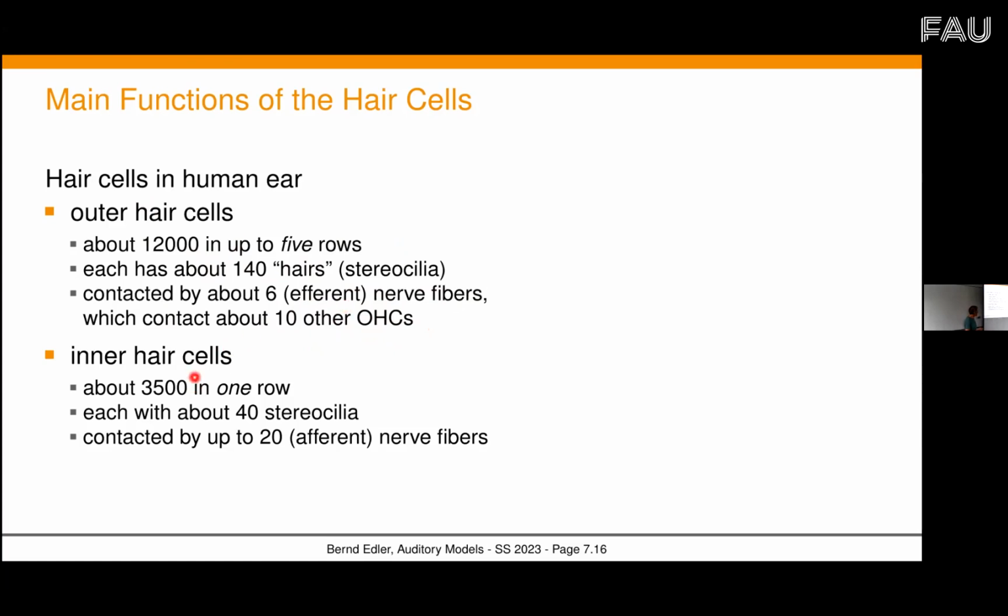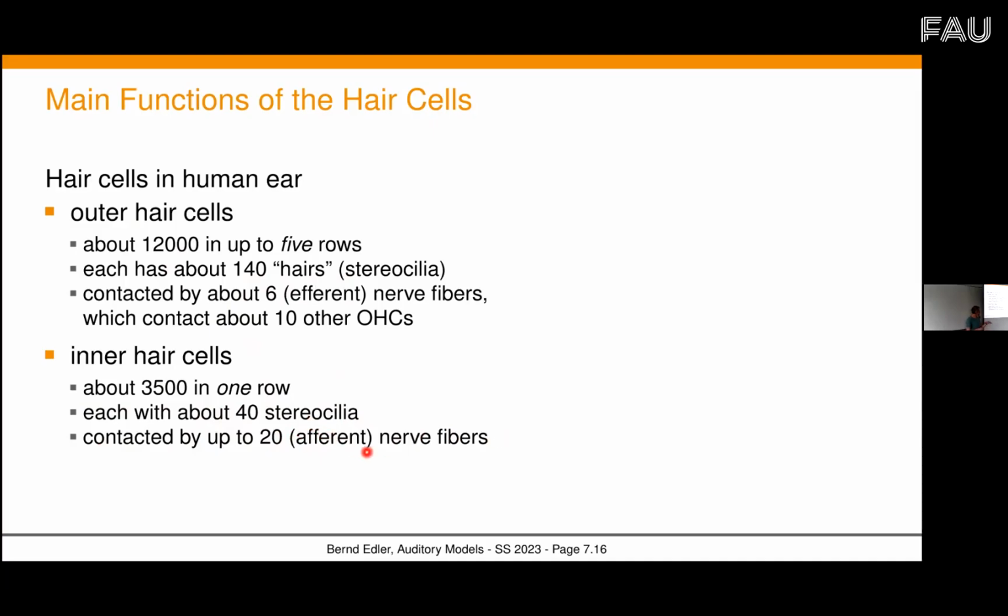The inner hair cells, we have fewer of them. We have about 3,500 in one row, and each has about 40 stereocilia, so less than the outer hair cells, and each is contacted by up to 20 nerve fibers.